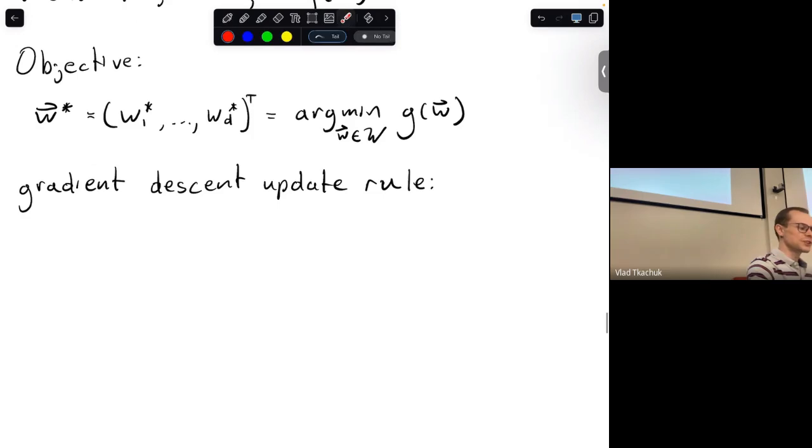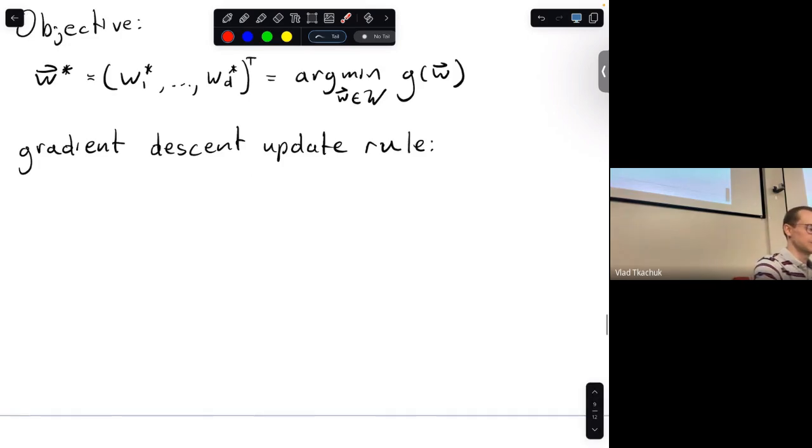Now we have the same story, except we do it for each dimension one by one. So we can think about taking steps in each dimension separately. We're going to update the whole vector at once, and you'll see in the examples how to think of it in each dimension.